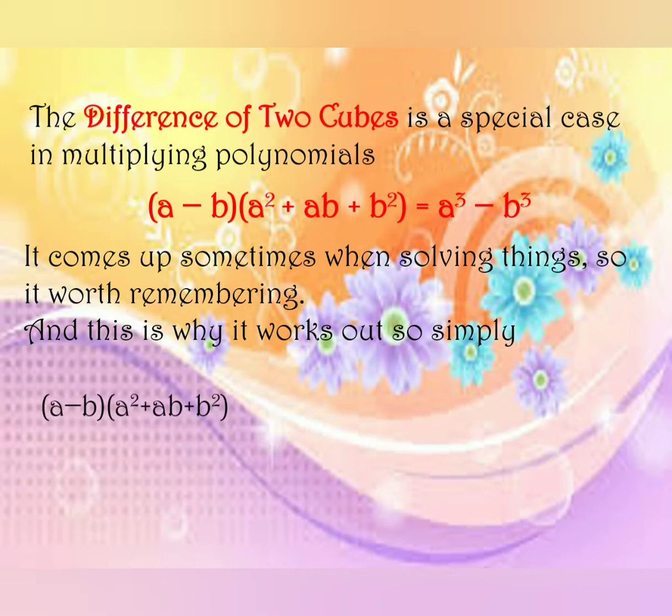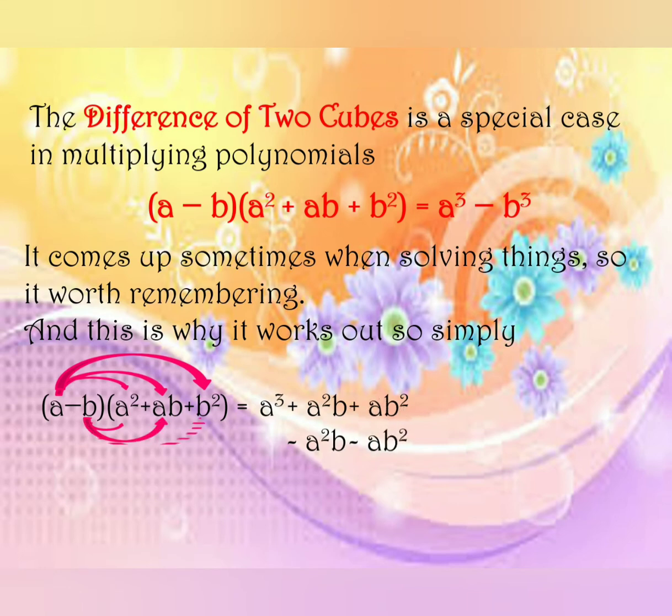So when we multiply quantity a minus b by quantity a squared plus ab plus b squared, using the distributive property, we have a times a squared equals a cubed, a times ab equals positive a squared b, a times b squared equals positive ab squared, a squared times negative b equals negative a squared b, ab times negative b equals negative ab squared, and positive b squared times negative b equals negative b cubed.